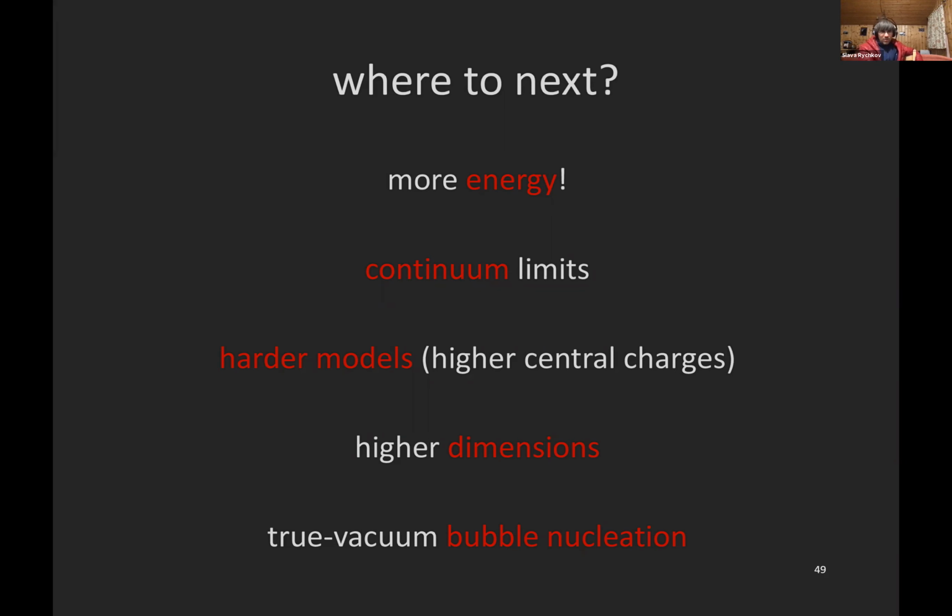And this way you will be able to map out the S matrix, and it is going to be amazing because nobody has ever really measured it.